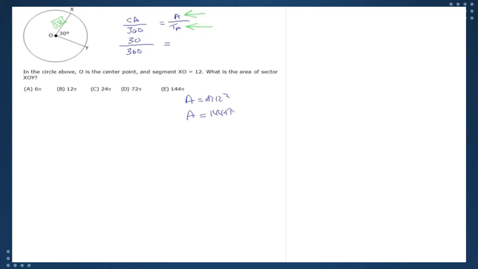So the area becomes 144 pi. So if we do this out in full, we see that we have 1 over 12 is equal to A over 144 pi. If we cross multiply, we get 144 pi equals 12A. Divide everything by 12, and A equals 12 pi. So the answer here is B.